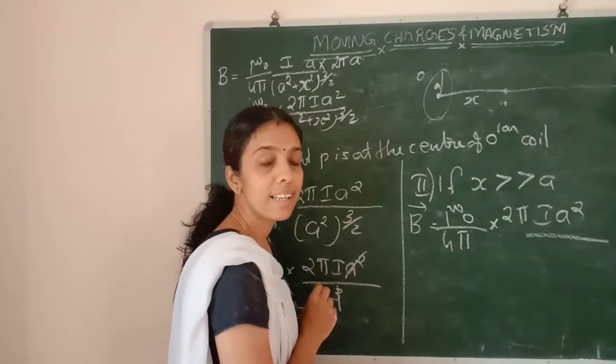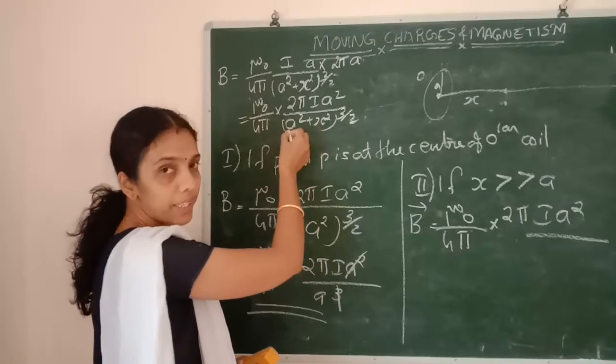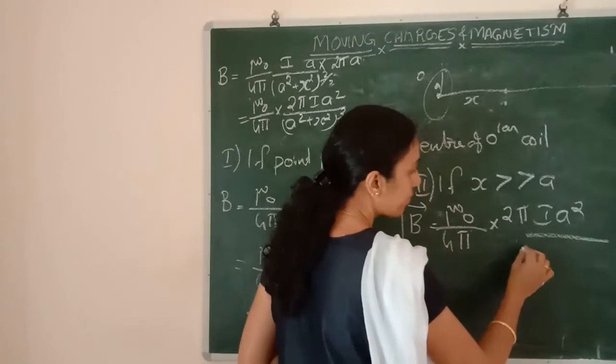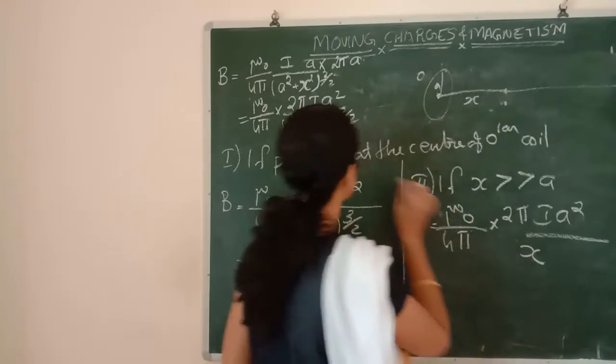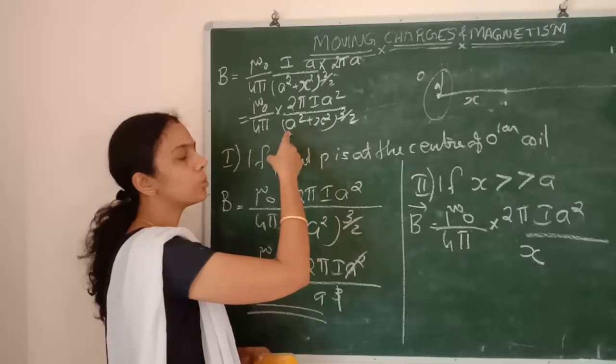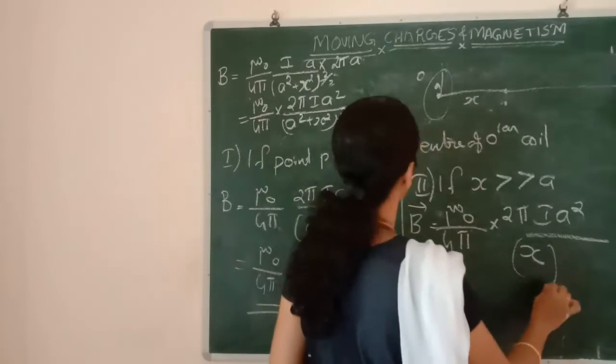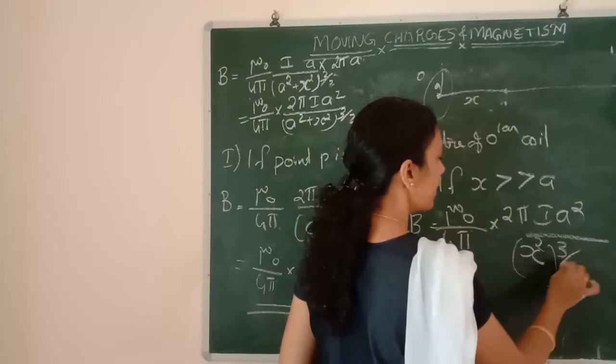Comparing x, a is very small. So x alone we can consider, because if we are adding 1000 to 0.1, then what is the use of adding the 0.1, isn't it? So we can take x square the whole power 3 by 2.